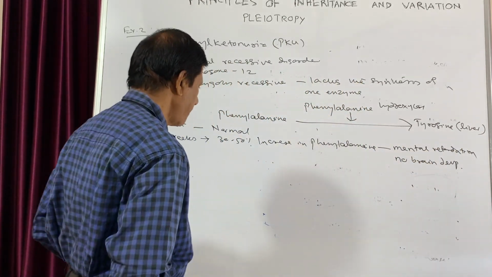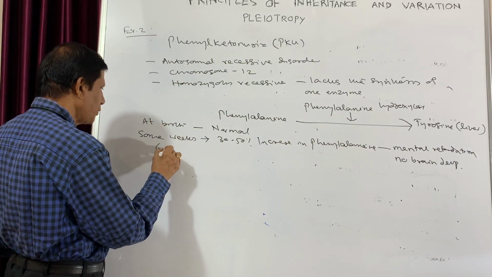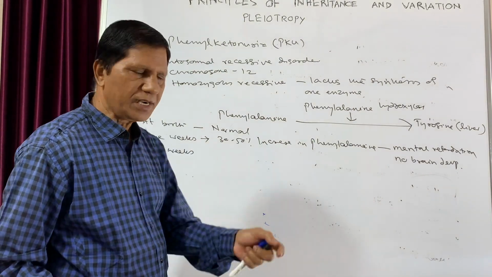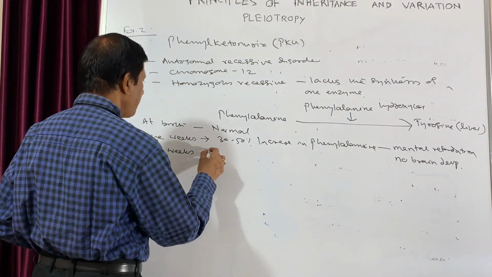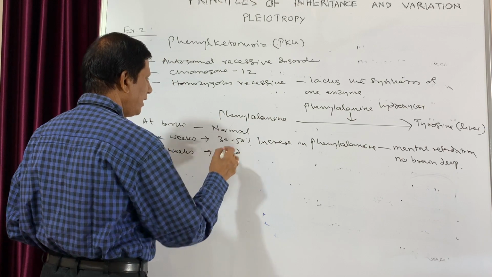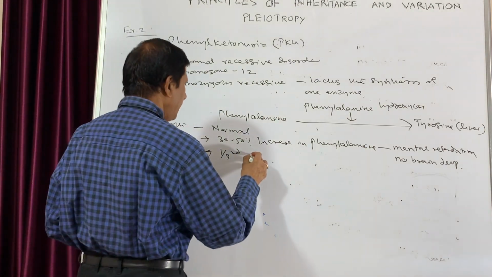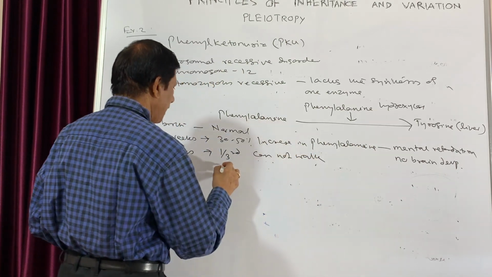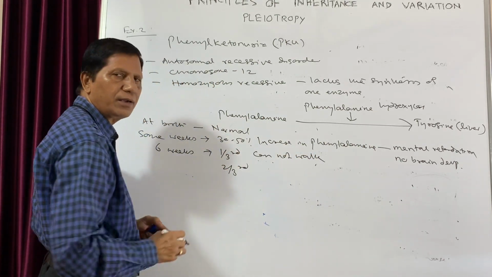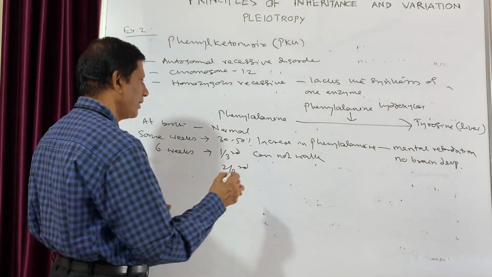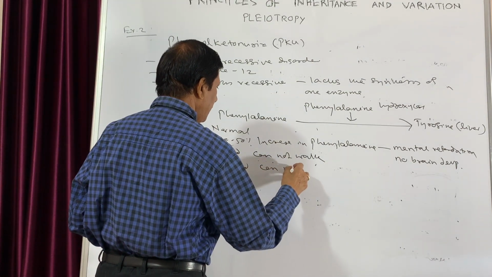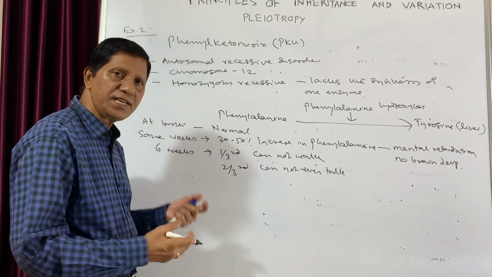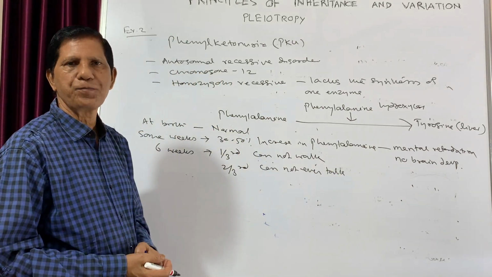No brain development. And in 6 weeks, if the child is not treated, what will happen? 1/3 of the children cannot walk, while 2/3 of them cannot even talk. This is the seriousness of this phenylketonuria.